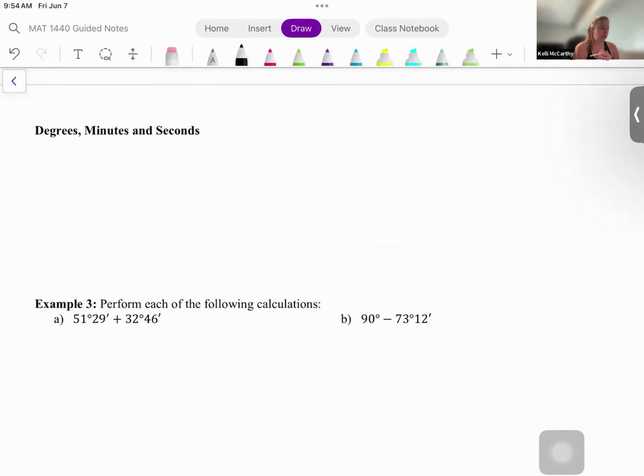Another method for measuring angles is in degrees, minutes, and seconds. Now, degrees, minutes, seconds is most commonly used for latitude and longitude, or even potentially navigation.